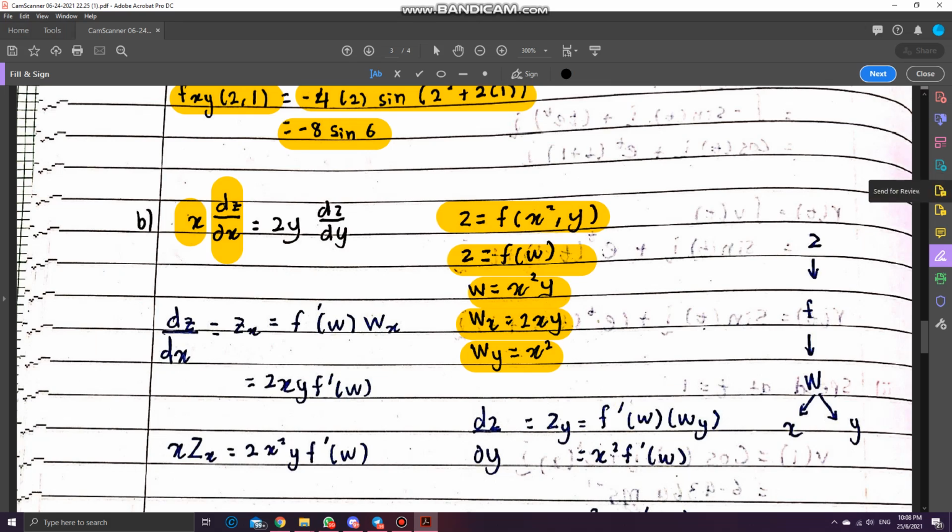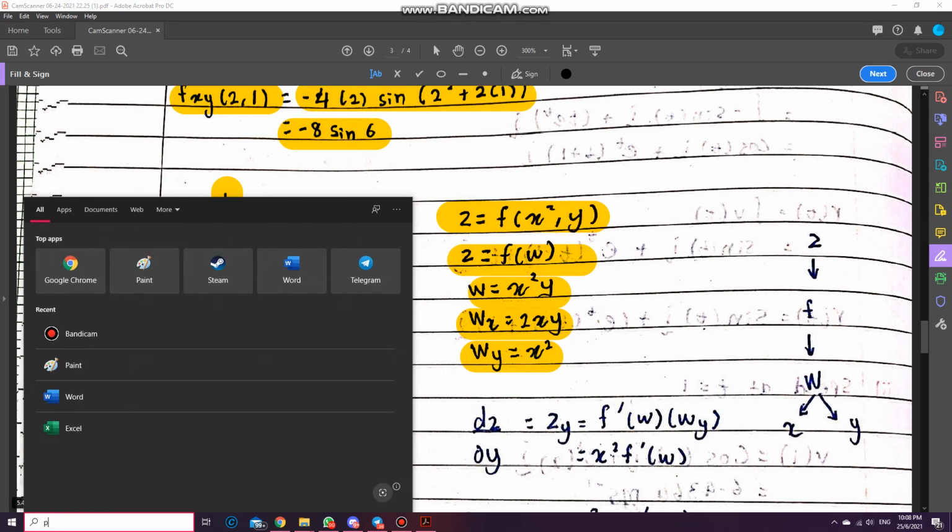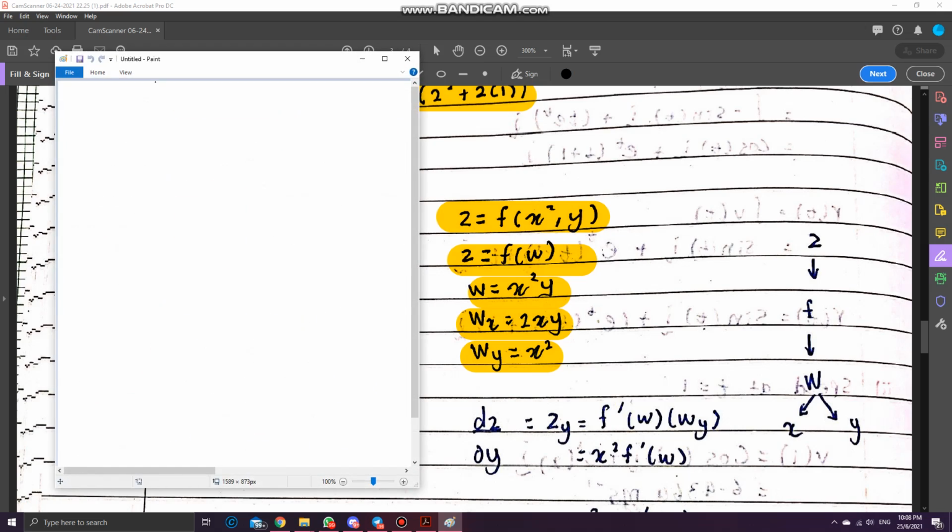Let me show you. Just now w_x we get equal to 2xy, and w_y we get is x square.